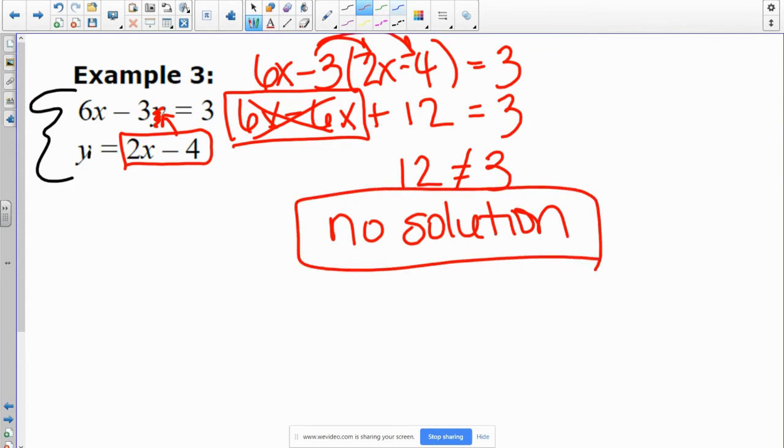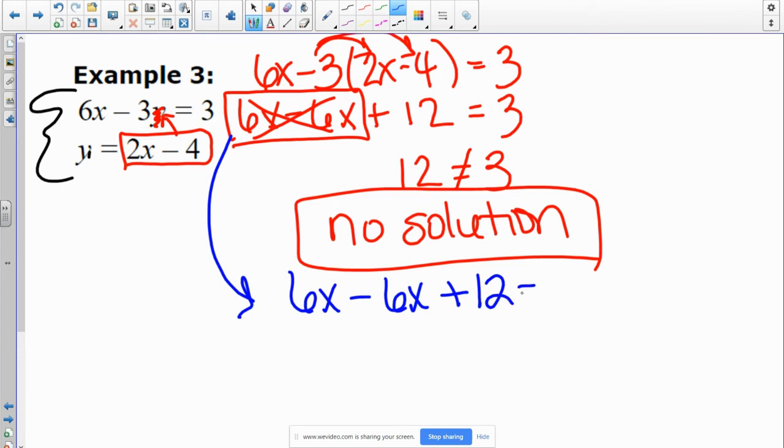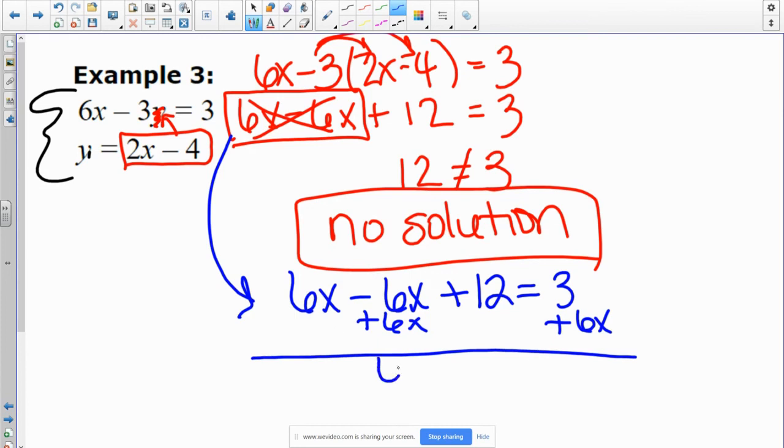The other way I could show it to you, I'll go back up here. So we'll start this step. 6x minus 6x plus 12 equals 3. So we can go back into what we looked at in EE7 in the last learning target. If I add 6x to both sides, then I end up with 6x on this side plus 12, and 6x plus 3 over here.